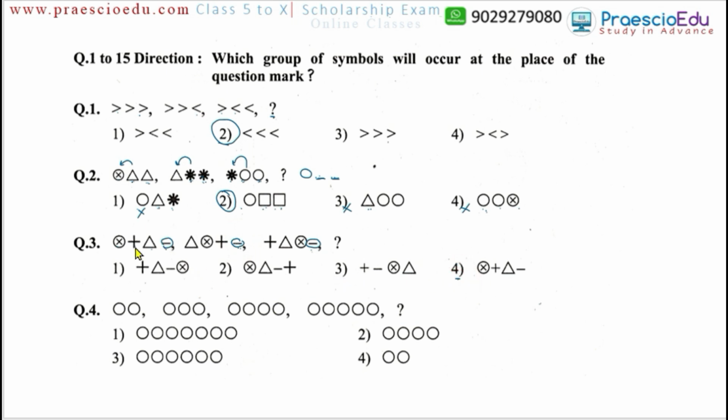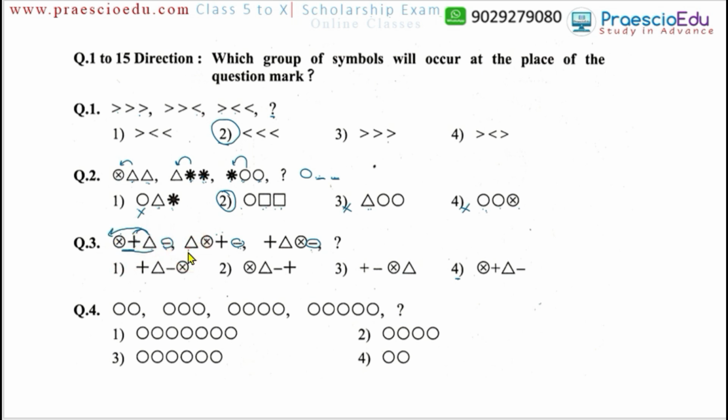Let us check all of this. Now this symbol comes to the middle after this, and this positive sign comes to the end, so we can say it is moving here. This triangle is moving to the leftmost.